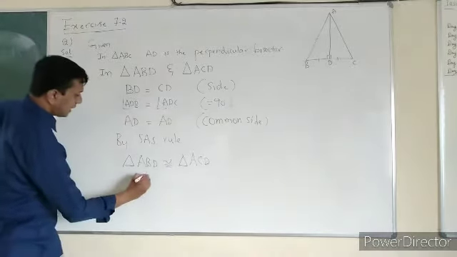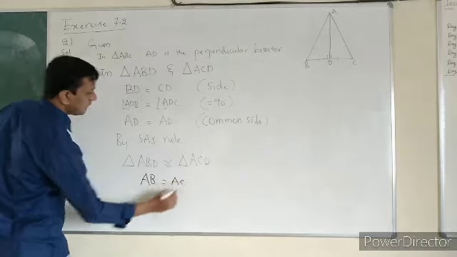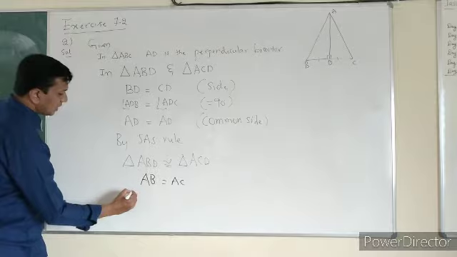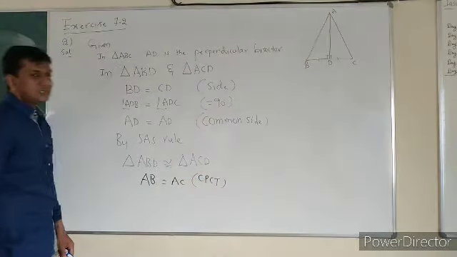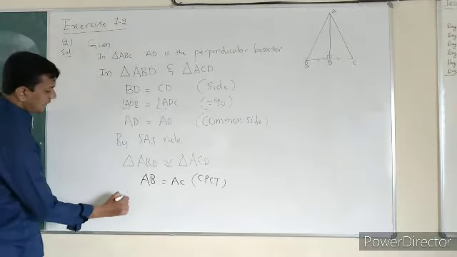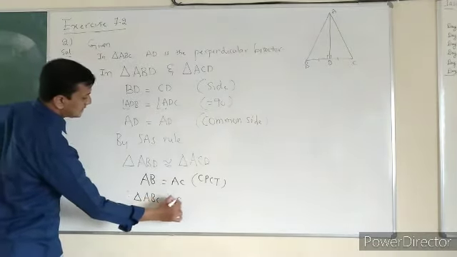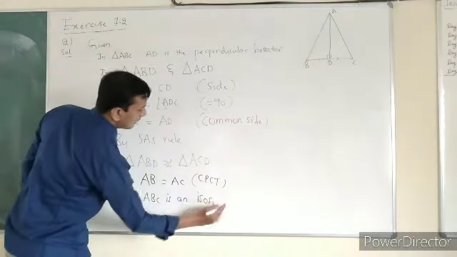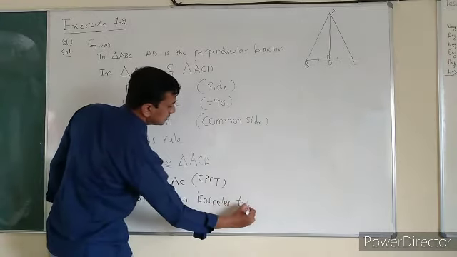Of course, AB is equal to AC, by the CP rule. Therefore, triangle ABC is an isosceles triangle.